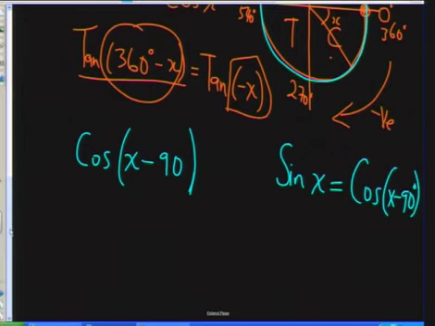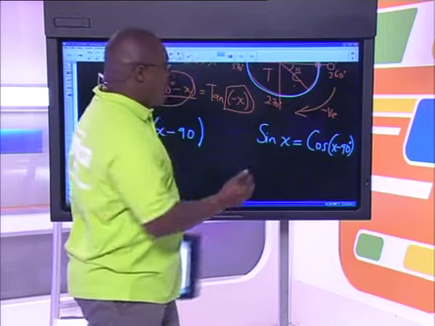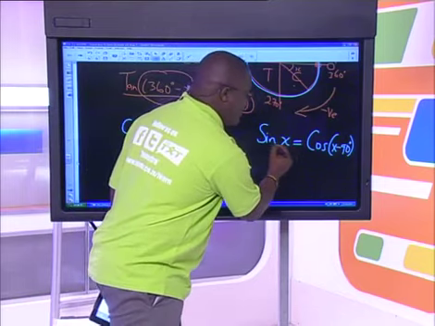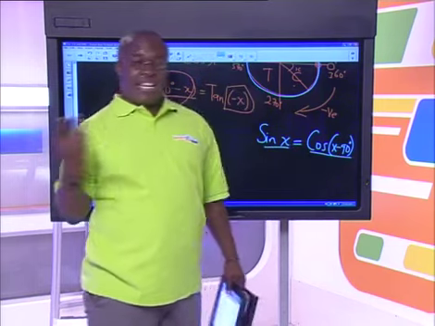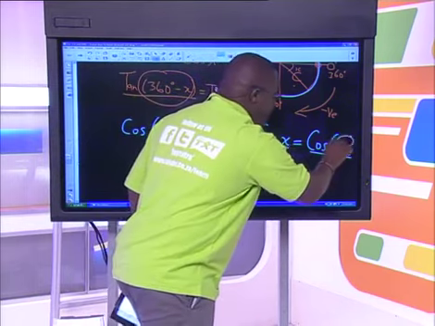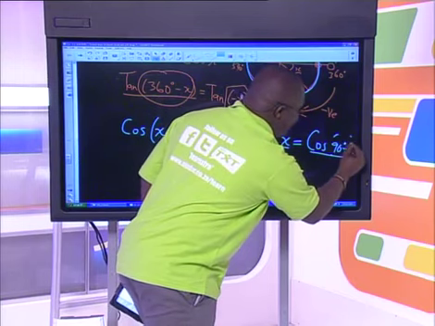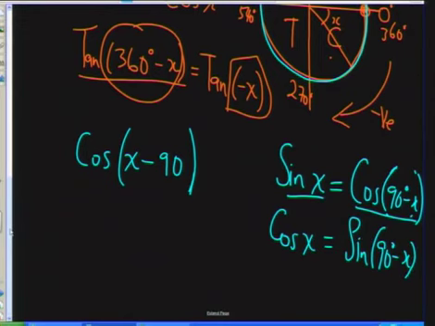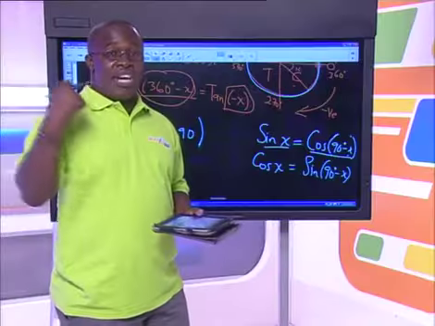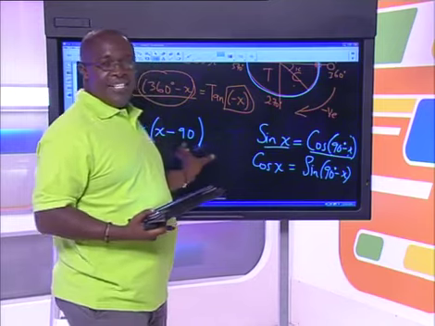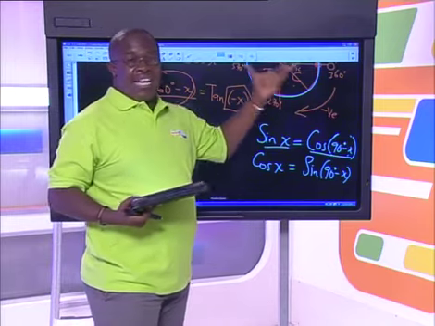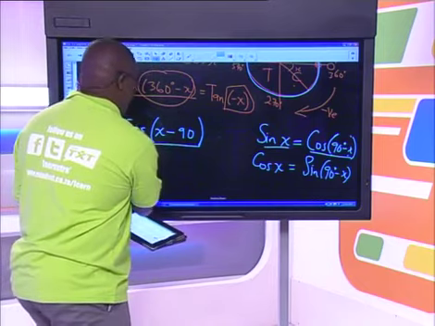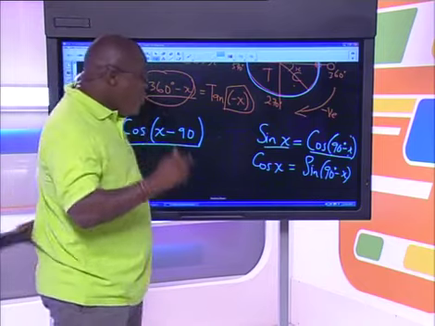If two angles are complementary, they have this type of relationship where the sine of x would be equal to the cos of, sorry, it's the other way around, 90 degrees minus x. And also, we can have cos of x equal to sine of 90 degrees minus x. So with this knowledge, I am going to use it to come up with a simplified version of this.